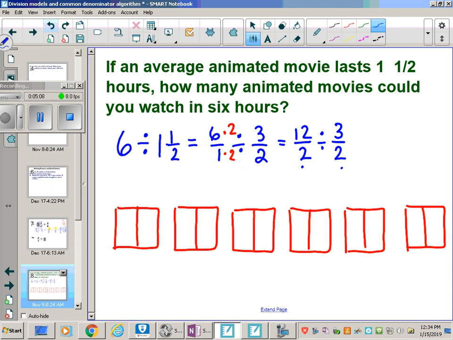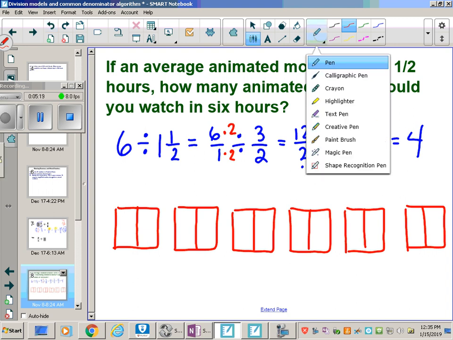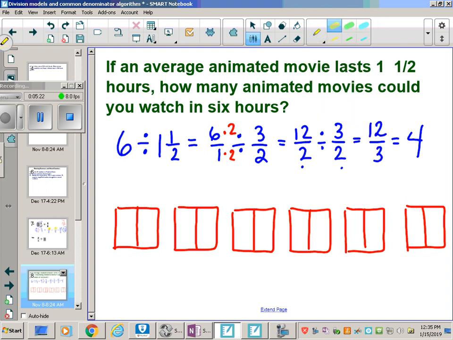Now based on the steps we've talked about, the next thing we would do is 12 divided by 3, which equals 4. Well, notice that's really exactly what we're doing with our model also, because we're seeing how many groups of 3 halves we can fit in the 12 halves. So we've got 1, 2 groups of 3 halves, 3 groups of 3 halves, and then a 4th group of 3 halves.